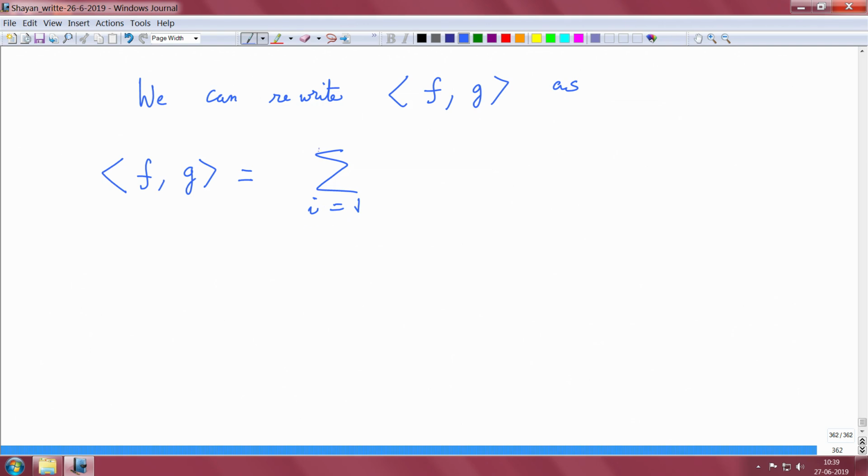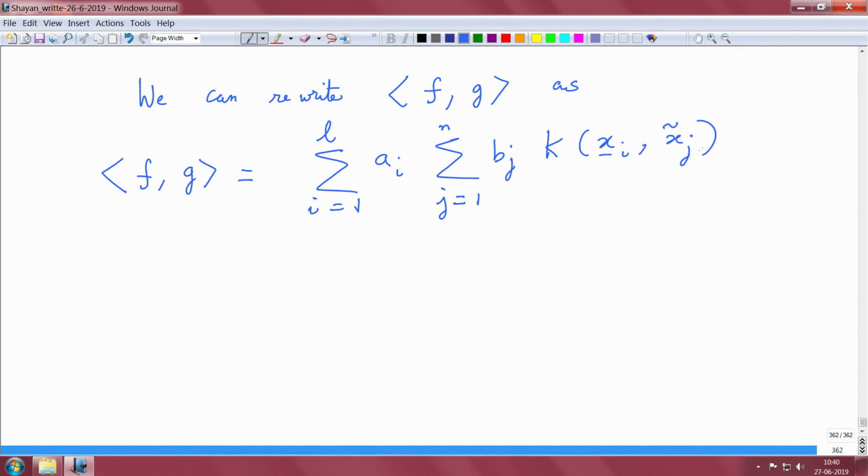It is summation i equals 1 to L, a_i, and then I have the summation j equals 1 to n, b_j kernel k(x_i, x_j tilde).